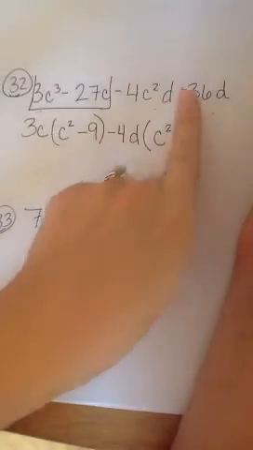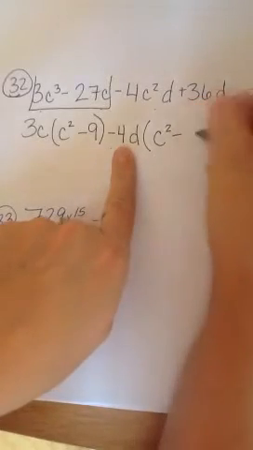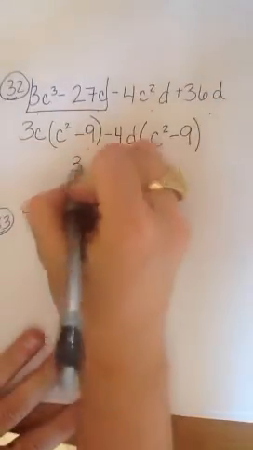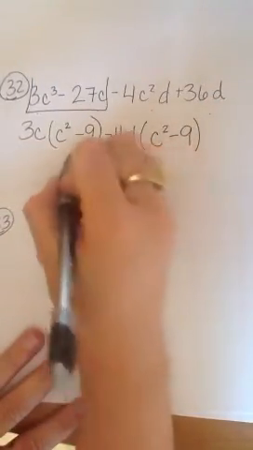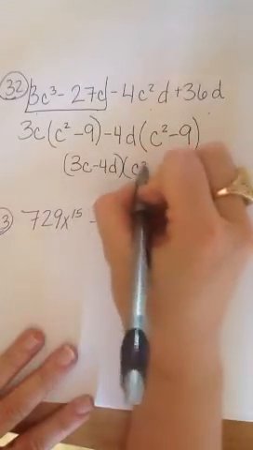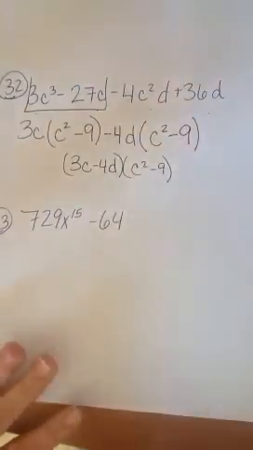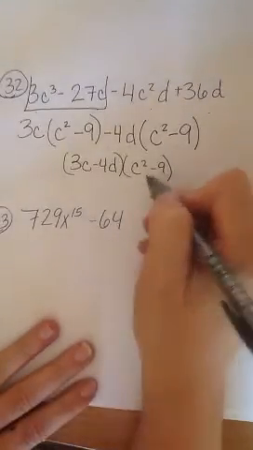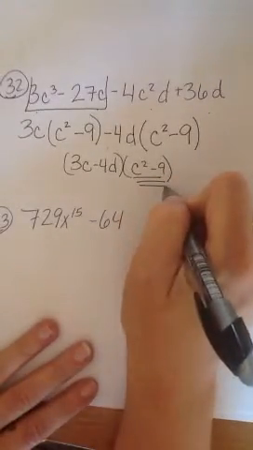Be careful here. 36 divided by -4 is -9. So 36 divided by -4, -9. Put your GCFs together. 3c minus 4d, c squared minus 9. Now, we have one of those problems where we're not done yet. This can factor again.